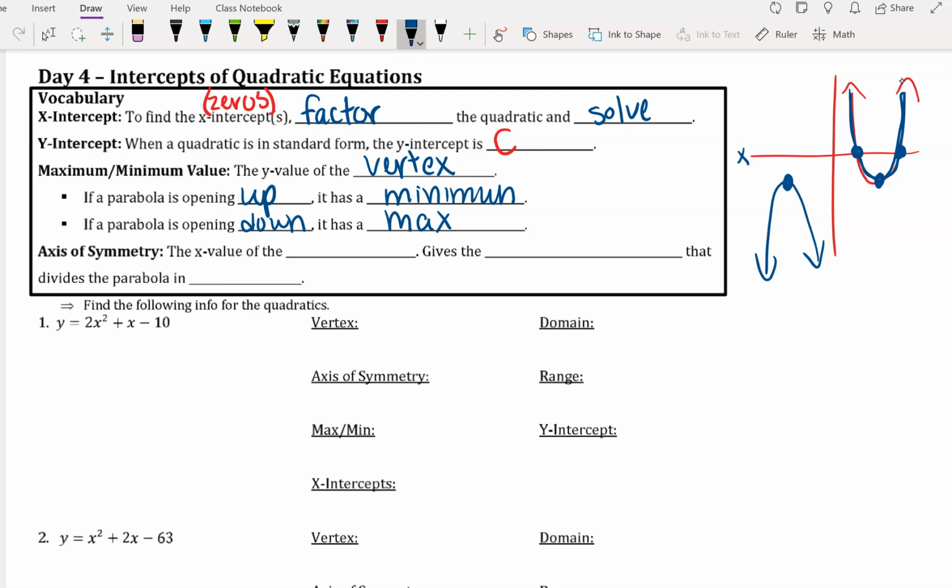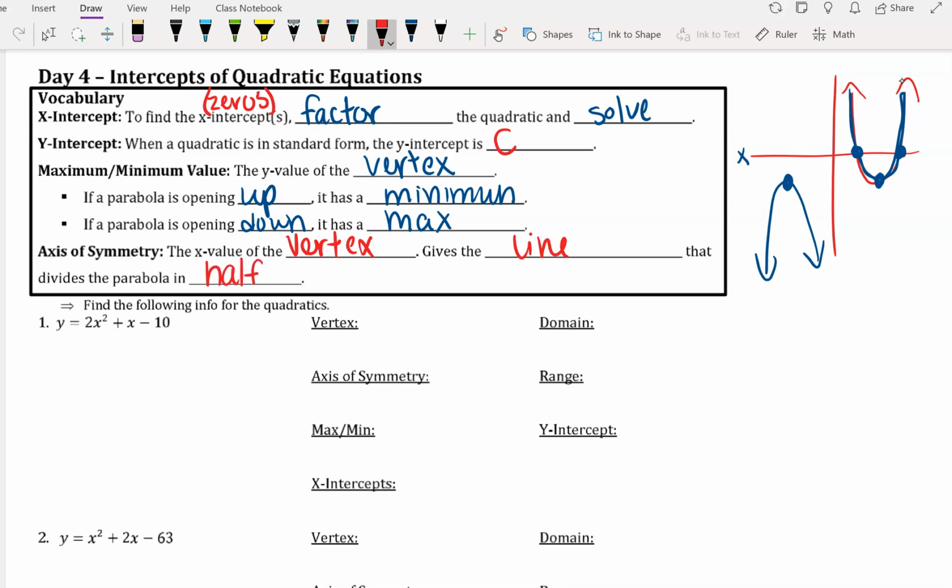All right, and then last thing on here, axis of symmetry, the x value of the vertex. I need to switch up my colors, too much blue here. It gives the line that divides the parabola in half.